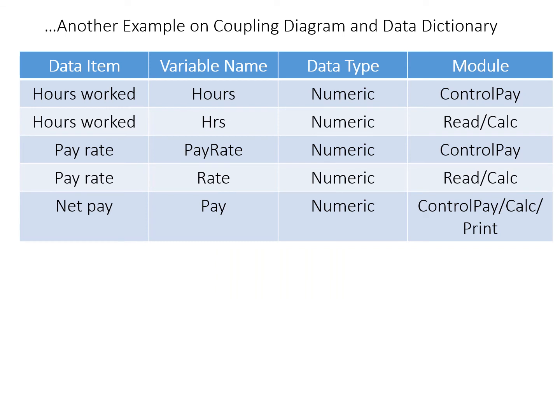In this table again, we represent the coupling diagram algorithm in the data dictionary. Remember that we have four columns for data item, variable name, data type, and the module that interacts with this data item.